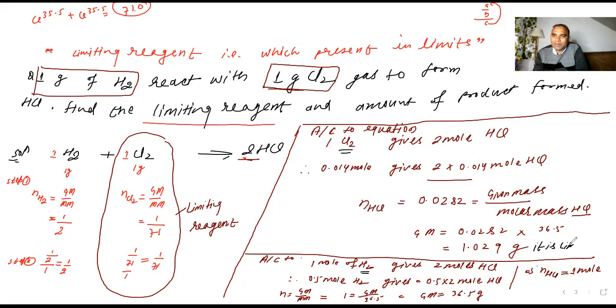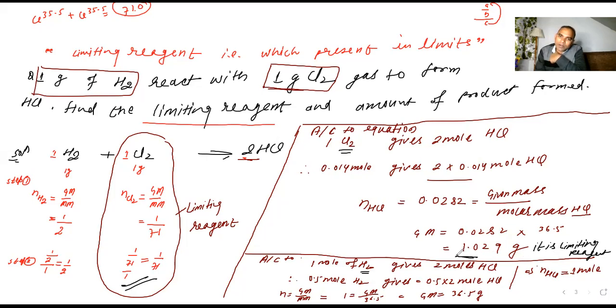If you go the theoretical way, for H2 we unnecessarily calculated now. Earlier, by the ratio, we already got to know that Cl2 is the limiting reagent. So directly you can apply for Cl2 only. Now you know H2 is in excess and Cl2 is the limiting reagent.